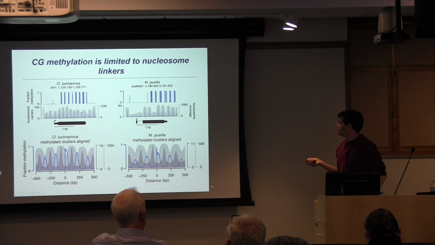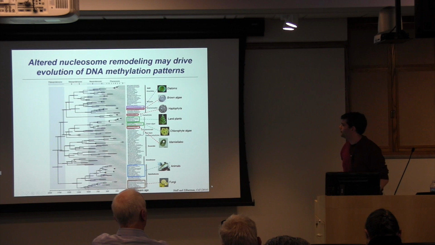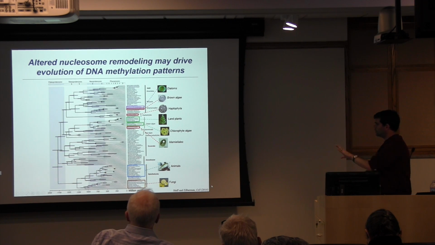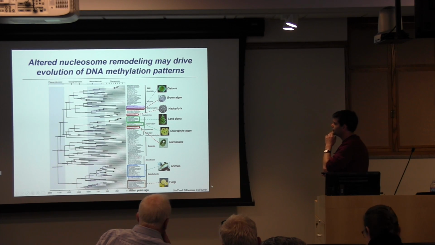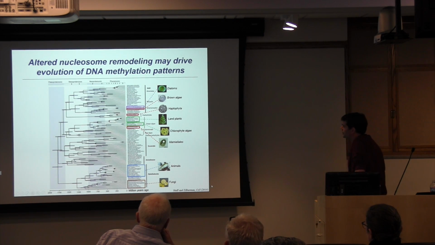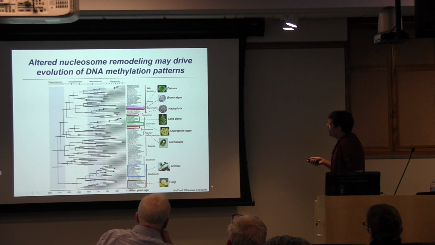And this kind of methylation pattern wasn't just present in these green algae. It's actually present in several very deeply branching lineages of eukaryotes. So this is a reasonably representative tree of eukaryotic diversity, where the groups that have this kind of linker-specific DNA methylation are in red, and other groups that have DNA methylation everywhere are in green.